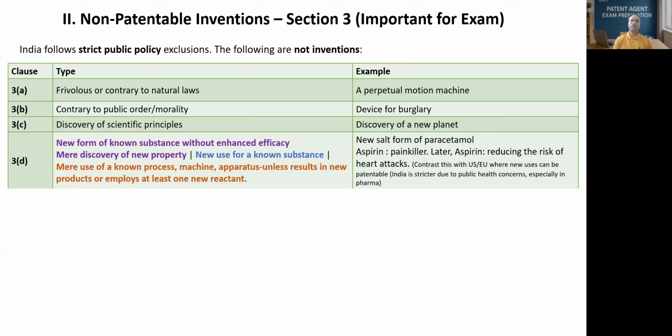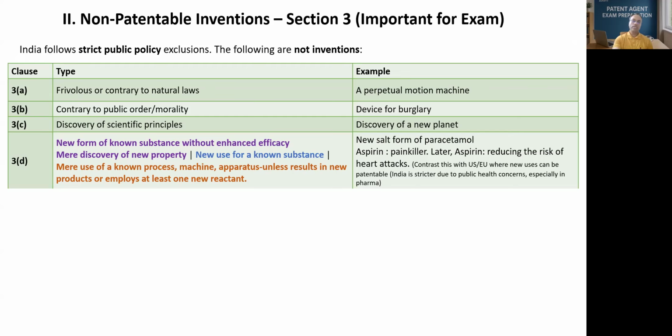So, for example, you can read it: a new salt of paracetamol is not patentable. Or aspirin, which is a painkiller, was later also known to reduce the risk of heart attacks. That is not patentable. In the US and European countries, the new use is patentable, but in India it is not.